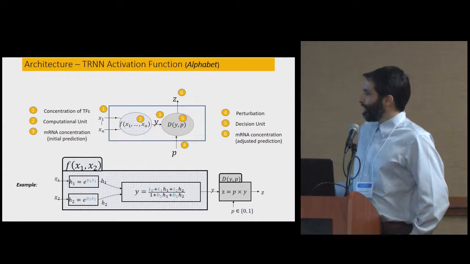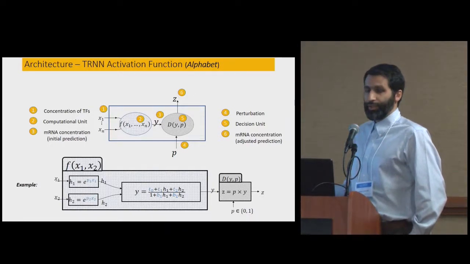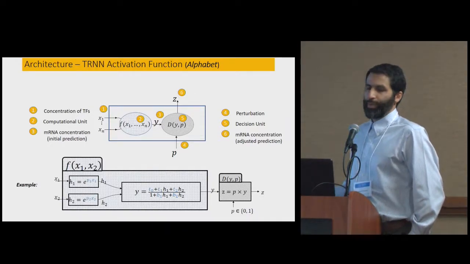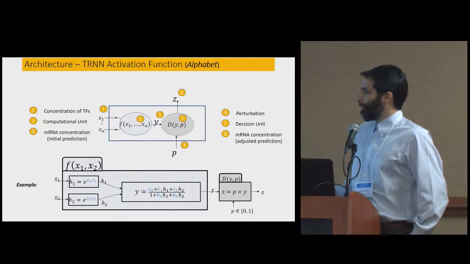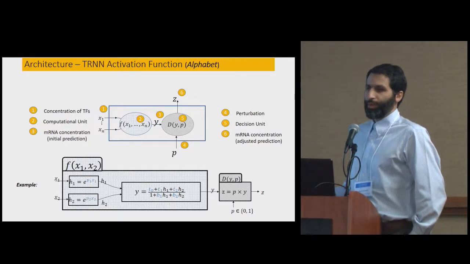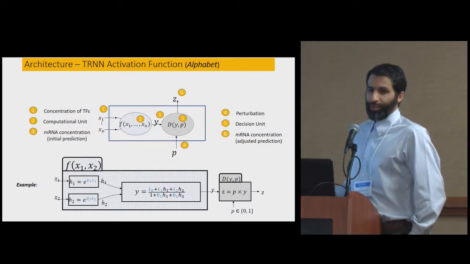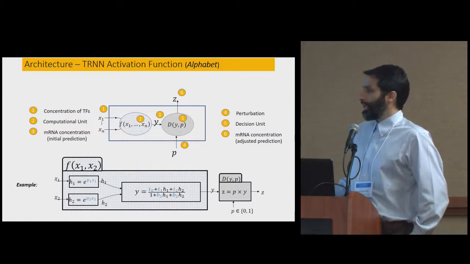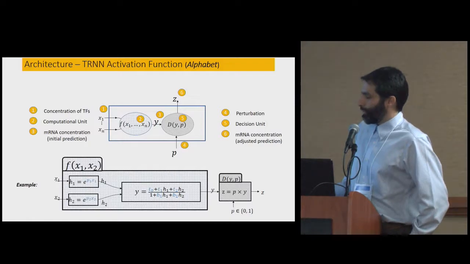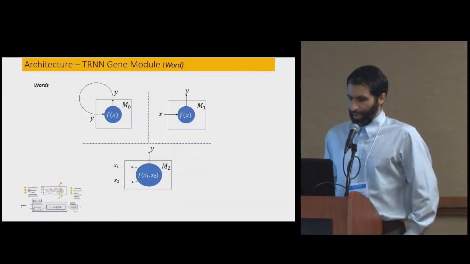Basically, if the gene is absent, then it is going to be multiplied by 0, and this is going to work with the backpropagation algorithm, where if something is multiplied by 0, the output is going to be 0, and nothing is going to be backpropagated for training this given module for the given gene.